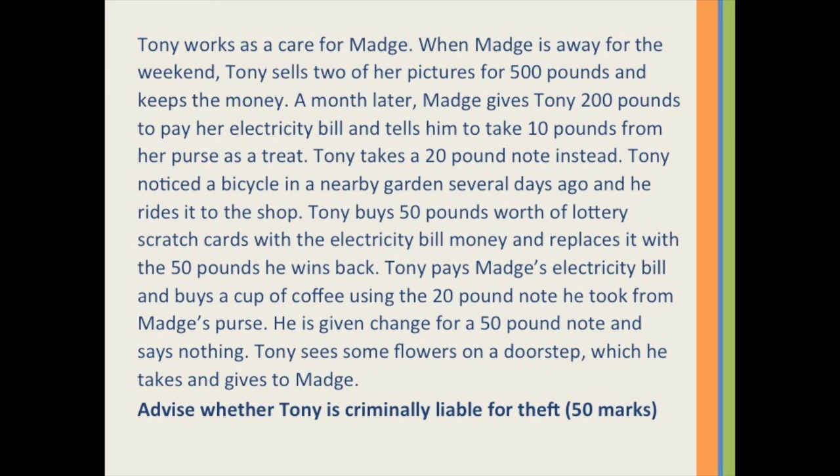Tony buys £50 worth of lottery scratch cards with the electricity bill money and replaces it with the £50 he wins back. Tony pays Madge's electricity bill and buys a cup of coffee using the £20 note he took from Madge's purse. He's given change for a £50 note and he says nothing. Tony sees some flowers on a doorstep which he takes and gives to Madge. Advise whether Tony is criminally liable for theft.